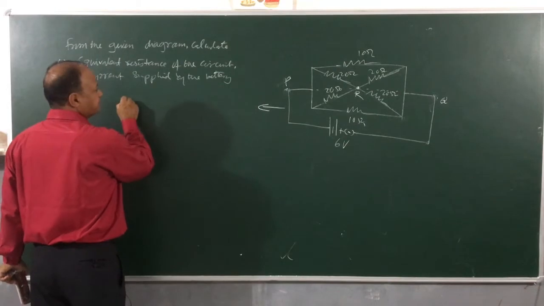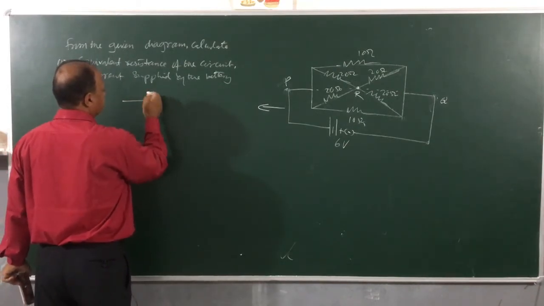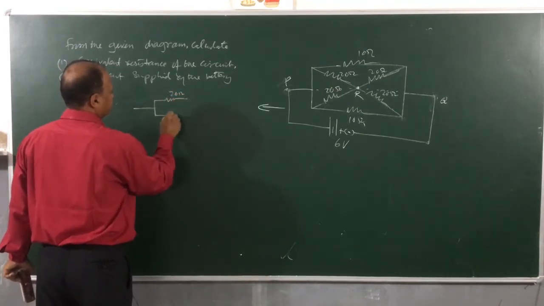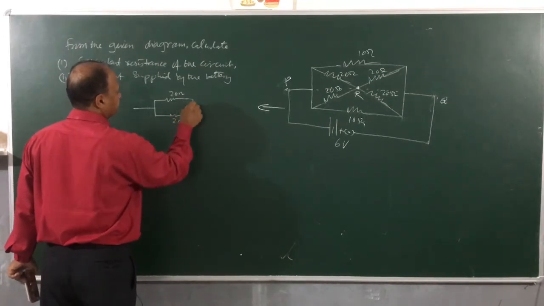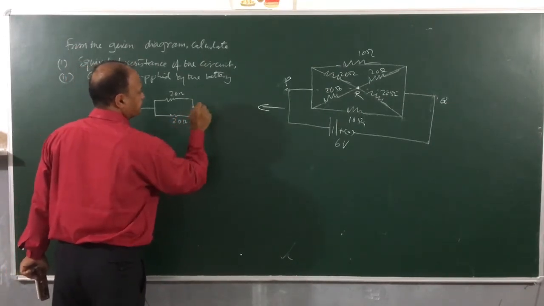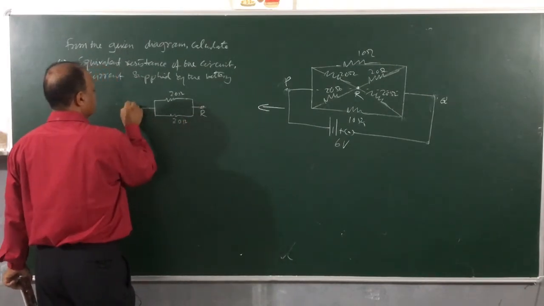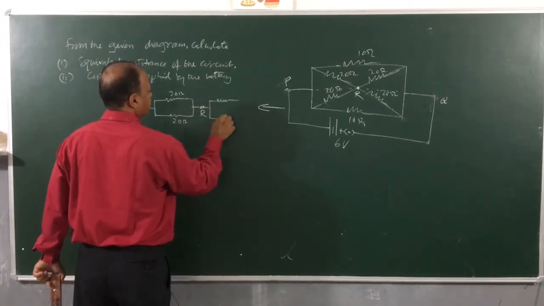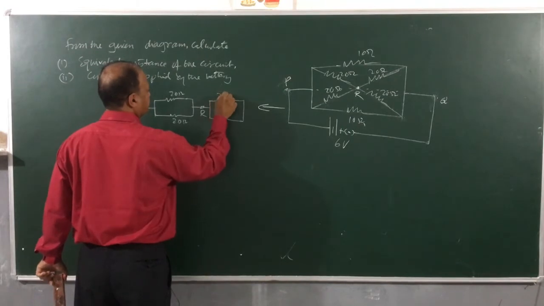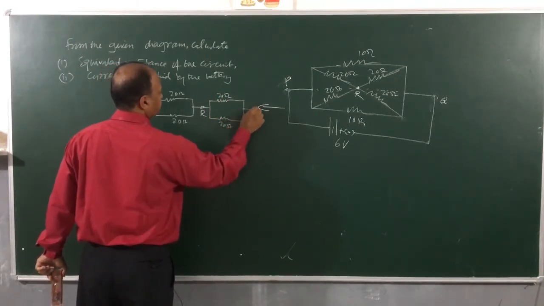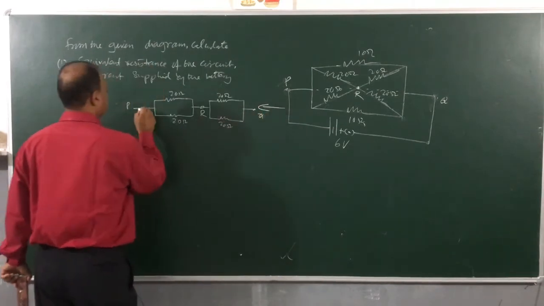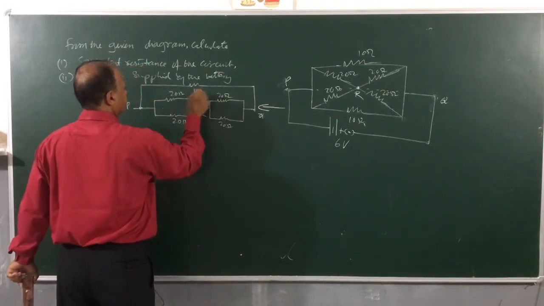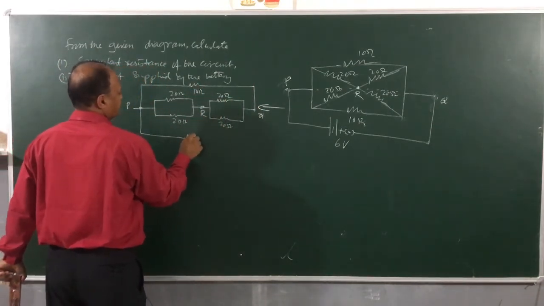The circuit will be 20 ohm, 20 ohm, this point R, this point P, and again here we have 20 ohm, 20 ohm, this point Q, here we have 10 ohm, this is again 10 ohm.